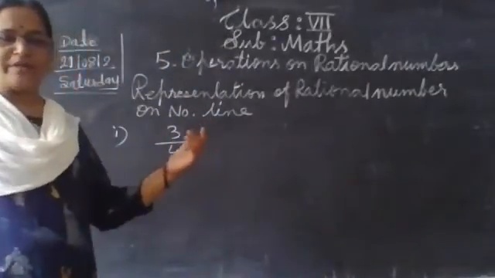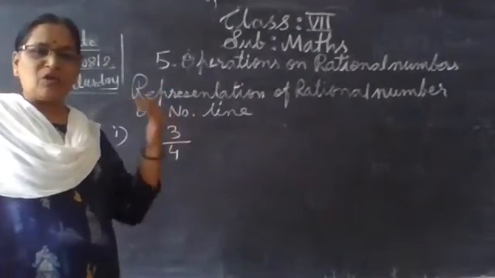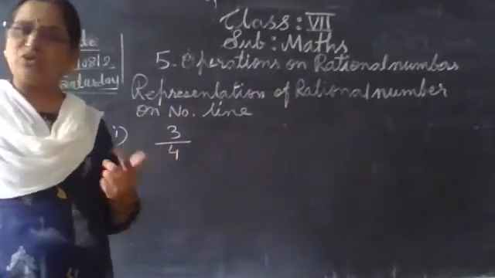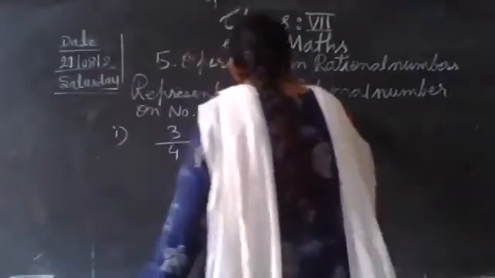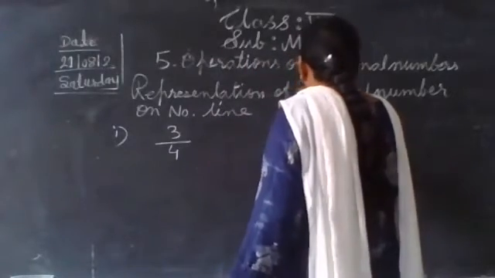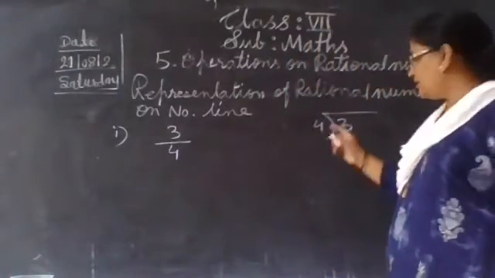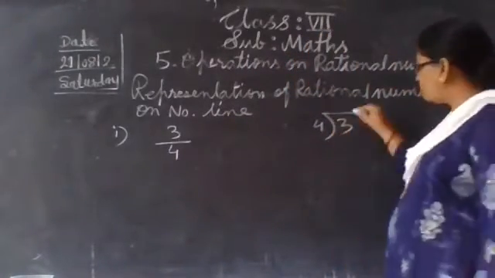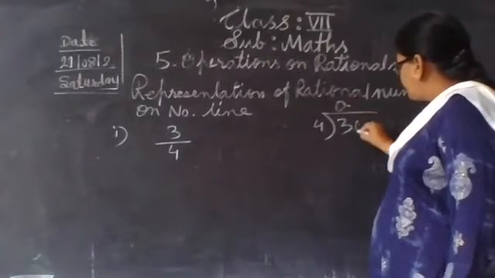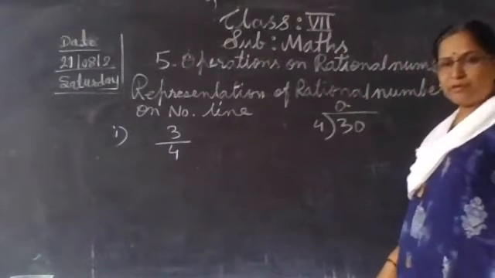So you have to remember that beta. Proper fraction always lies between 0 to 1. So how it is? See, if you divide any proper fraction, 3 is smaller than 4. That means what? You have to take 0 and decimal point.